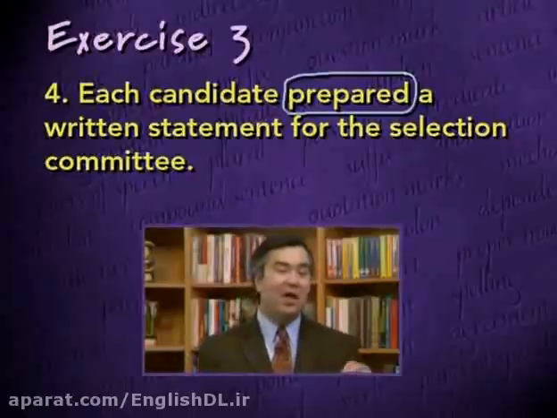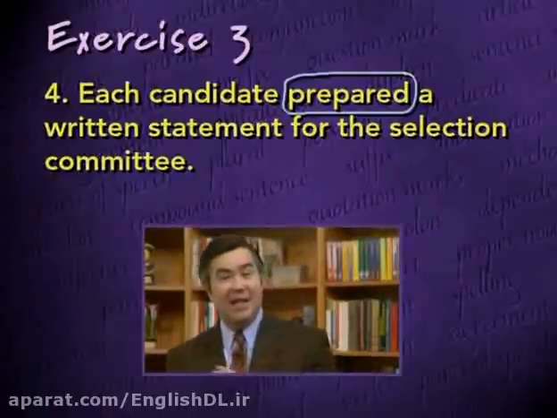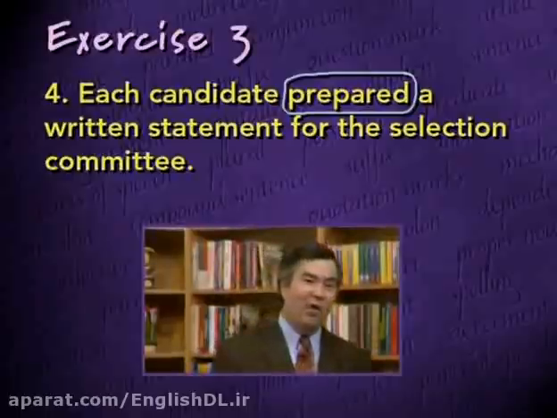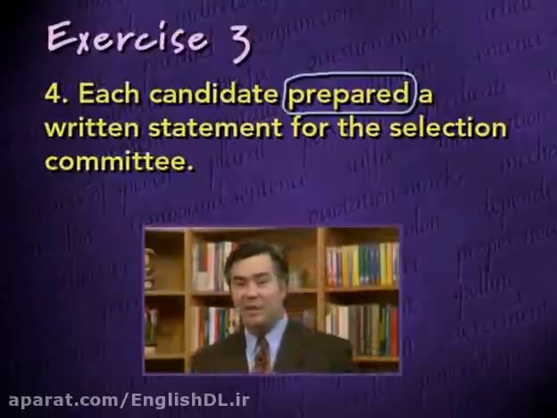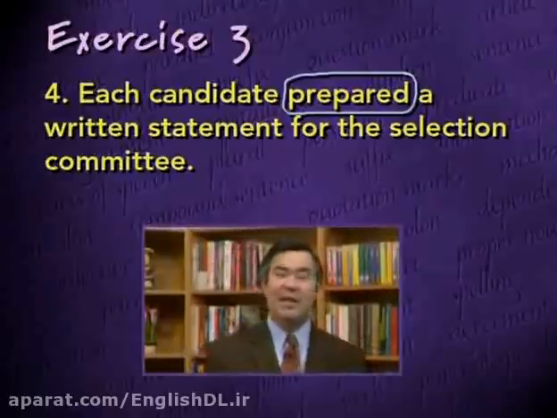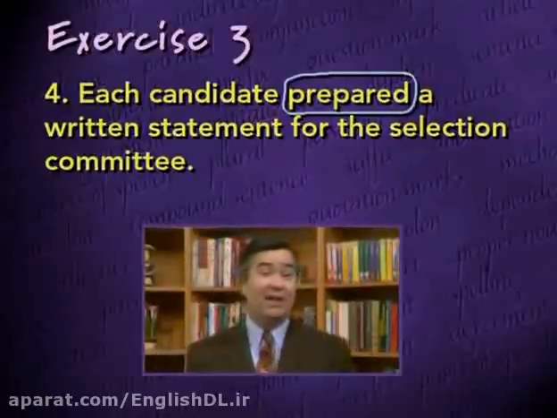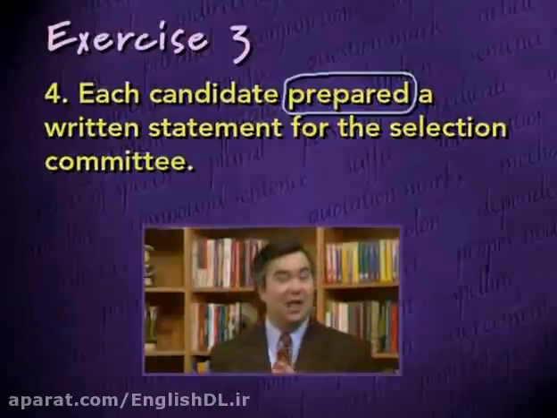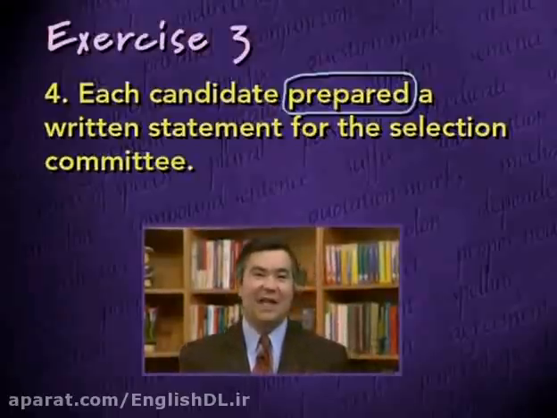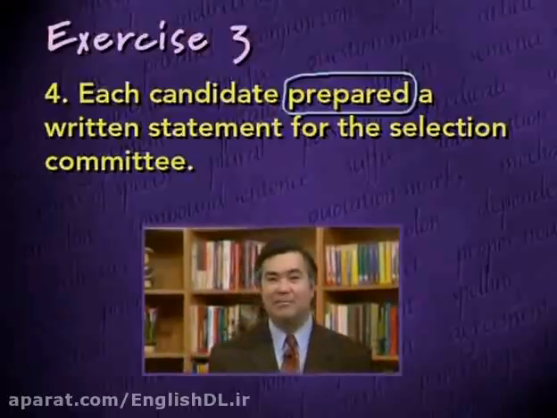So the selection committee is the object of the preposition for, and that's simply a prepositional phrase that gives more information about the action. It really doesn't serve grammatically as an indirect object. So this sentence is another example of one that doesn't contain an indirect object.